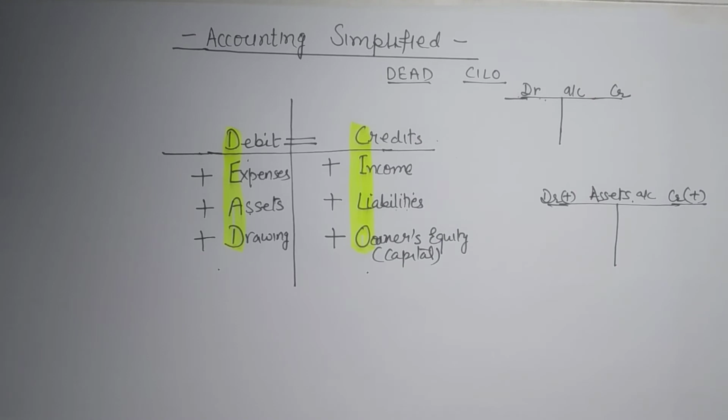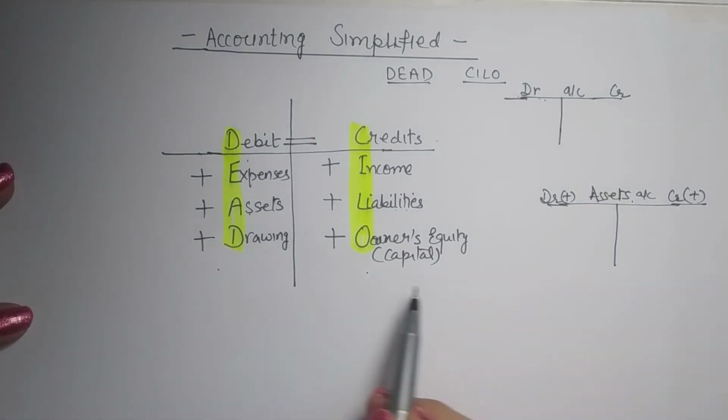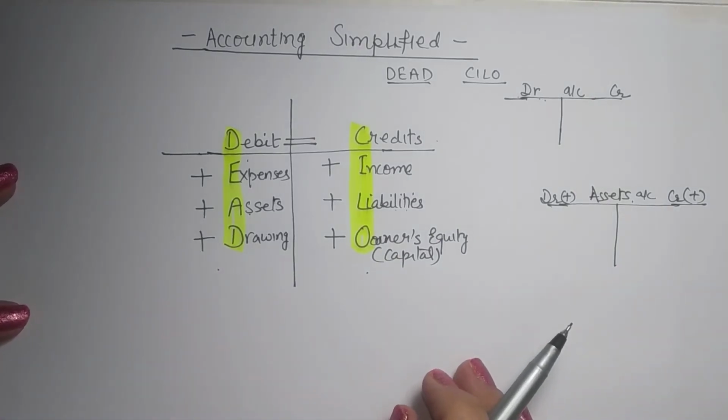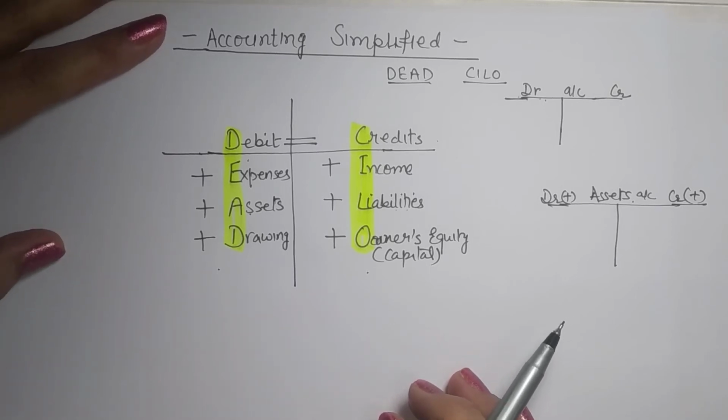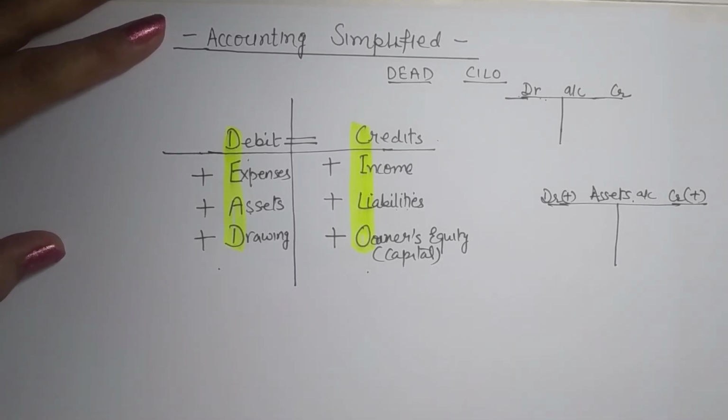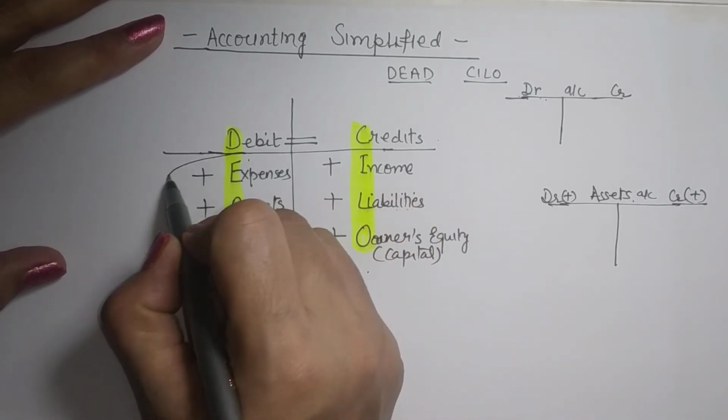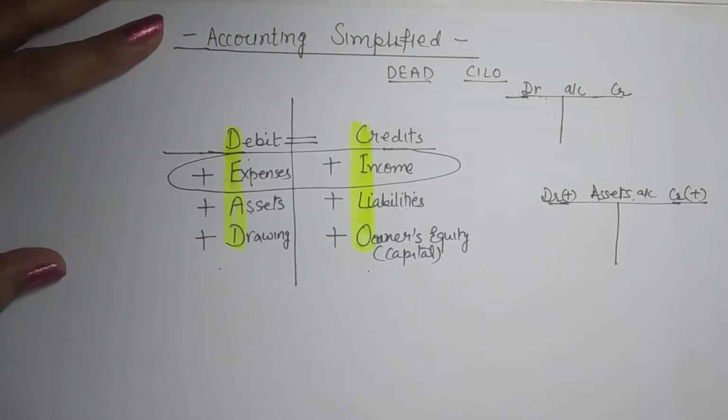Now this phrase is not only important for understanding debits and credits, but it is also important for the final statements. At the end, accounting is usually done on a yearly basis. So incomes and expenses are compared together to find out the profit or loss.